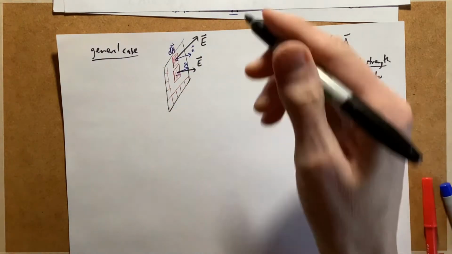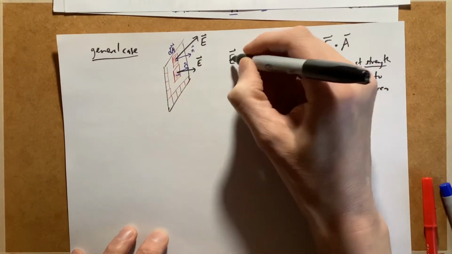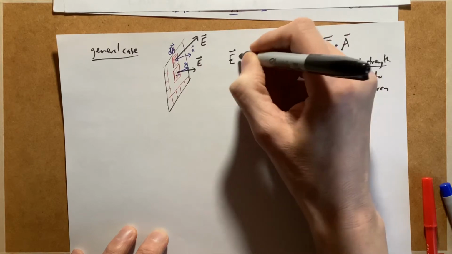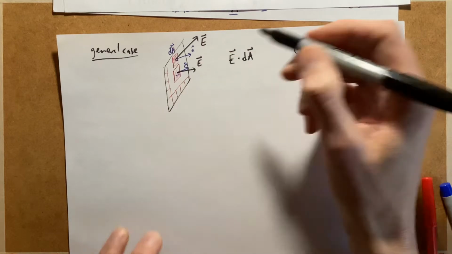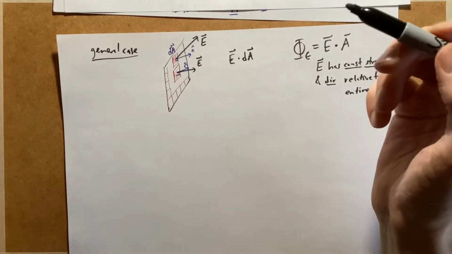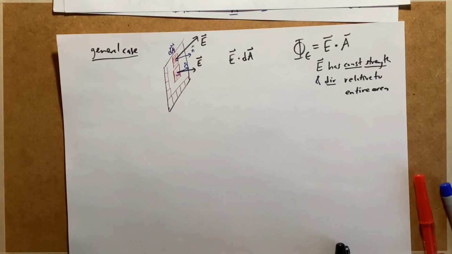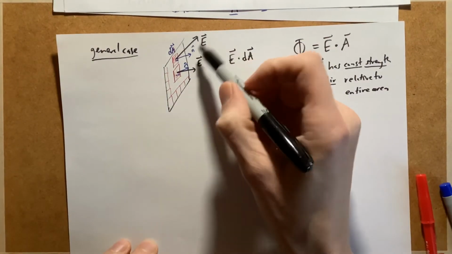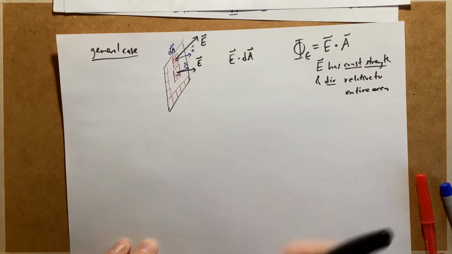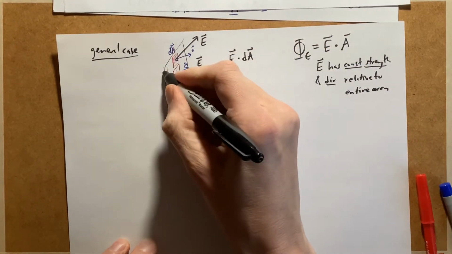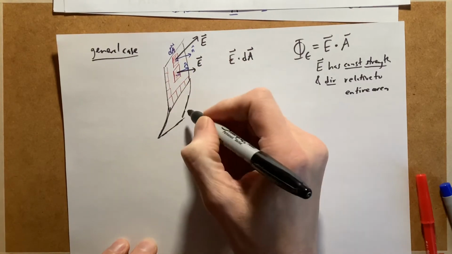So on each part of this, you have to take the local electric field, which is now a function, and dot it with the small little dA at that local location. By the way, I'm blaming it on the electric field because the electric field might be stronger and in a different direction over here. But another reason this might happen is because maybe your area itself is curved, like a billowing sheet or something like that.